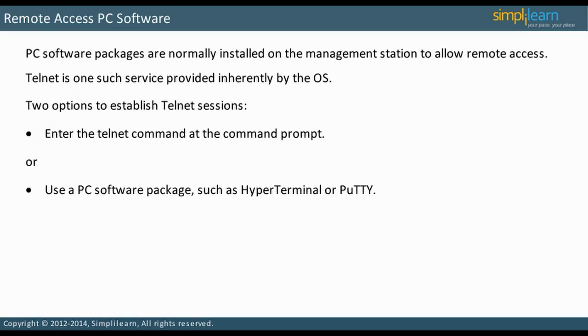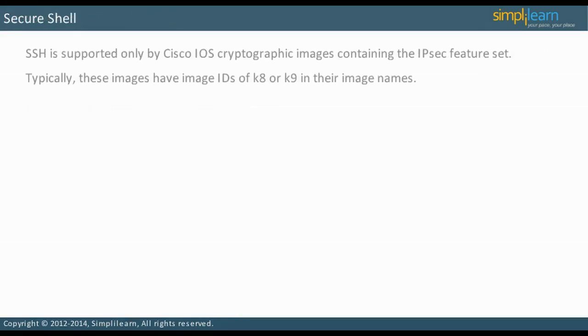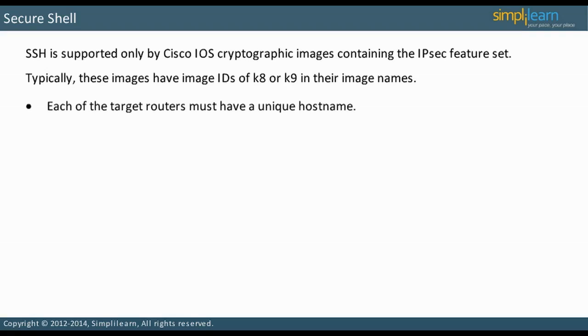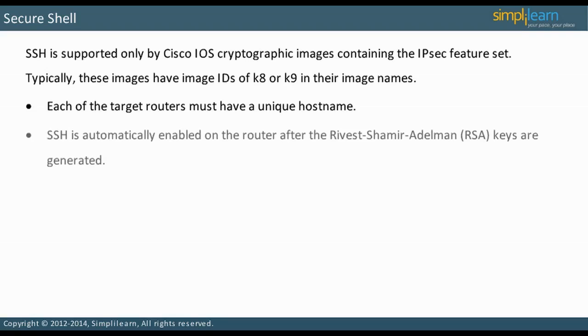Next, let us focus on Secure Shell. Only Cisco iOS cryptographic images containing the IPsec feature set support SSH. Typically, these images have image IDs of K8 or K9 in their image names. For later images, you must activate the licensing for cryptography. Each of the target routers must have a unique host name.